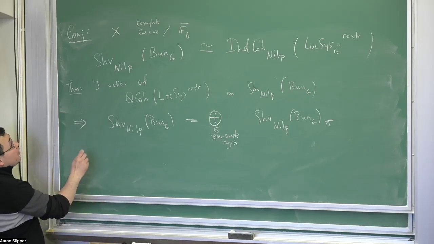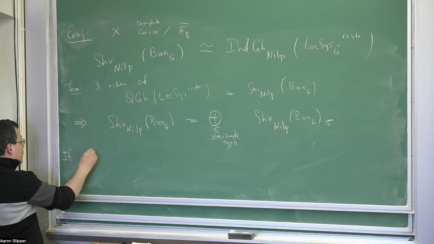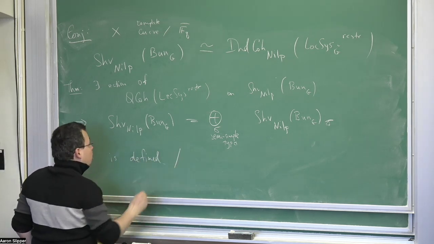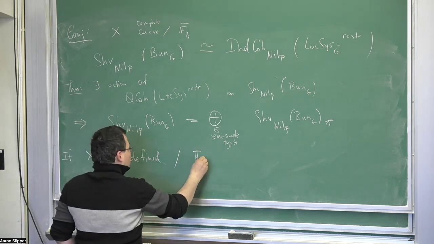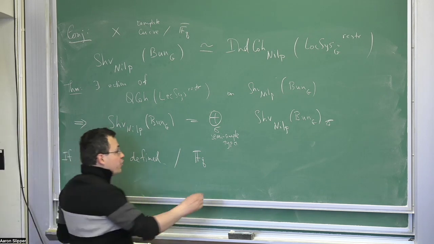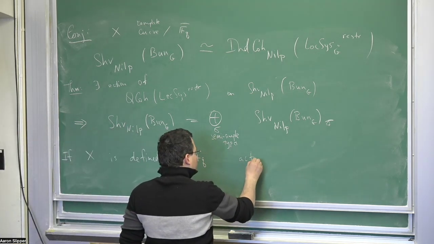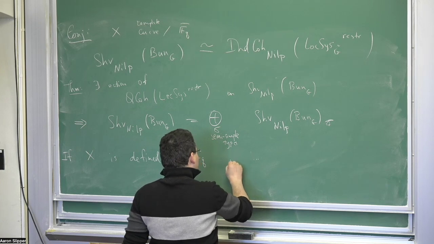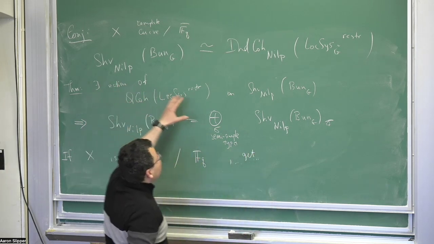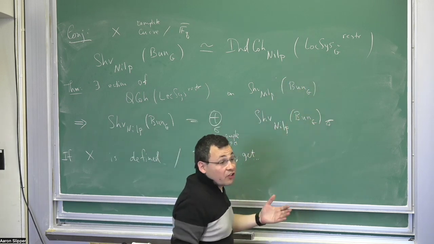Another thing is that if X is defined over the finite field, then by transfer of structure, even though everything is in characteristic 0, there's an action of Frobenius on this moduli space.